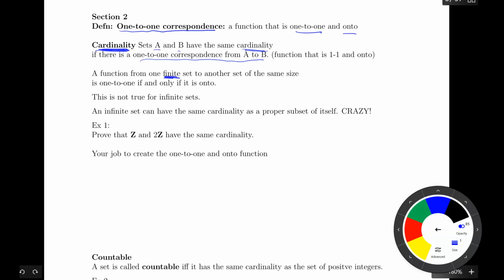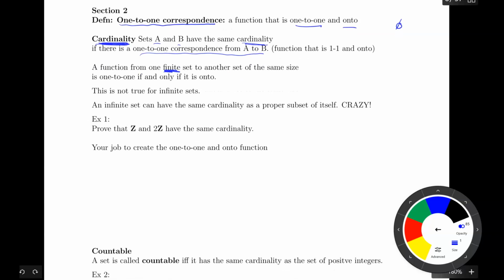We're going to be talking about finite sets and infinite sets. So what's a finite set? A set that I can count, right? Like the null set, I can count the number of things in there. There's 0. Another finite set would be something with 1, 2, 3, which has 3 elements in it. So if I can count it with the natural numbers 1, 2, 3, 4, 5, up to n, then I call it finite.